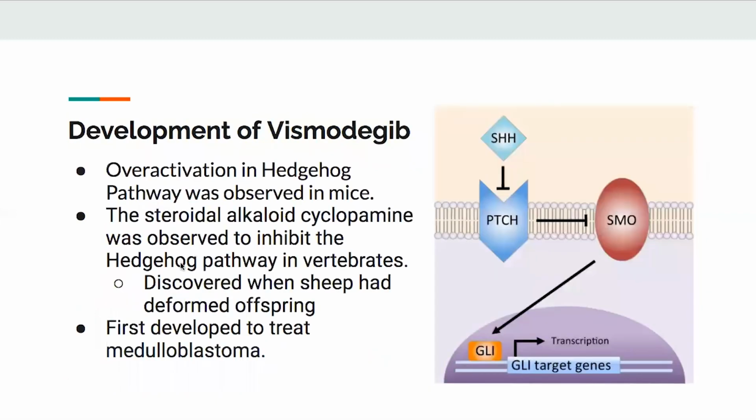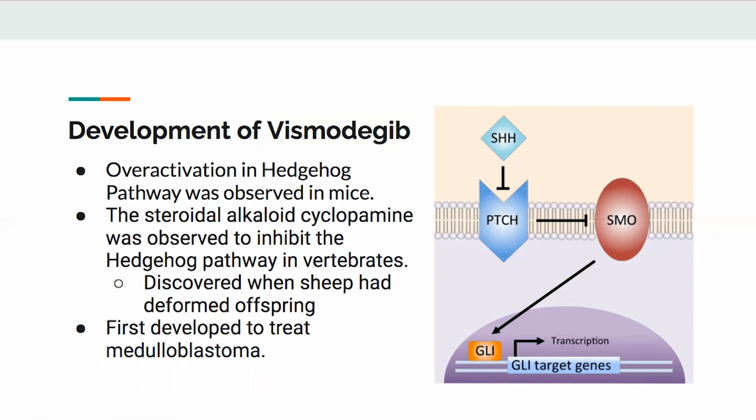So the development of vismodegib occurred after an overactivation of the hedgehog pathway was observed in laboratory mice. And it was pieced together that there is a steroidal alkaloid called cyclopamine that inhibits the hedgehog pathway in vertebrates. And this chemical was discovered when sheep began having deformed offspring.